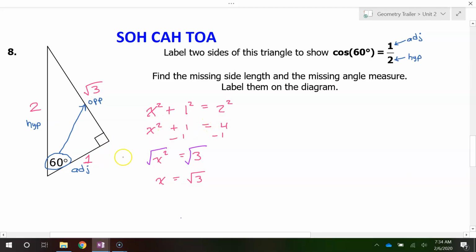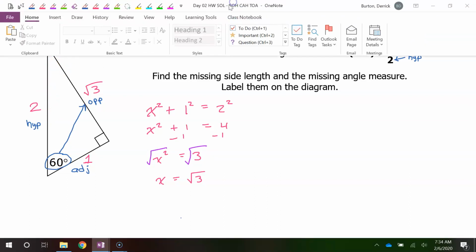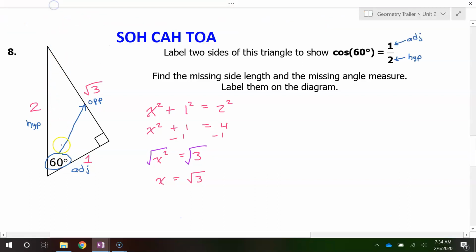Now we are also supposed to find the missing angle measure and label that. Well, we have a 90 and we have a 60. So we're trying to find this missing angle over here. We're going to use the fact that all of the angles have to add up to 180.